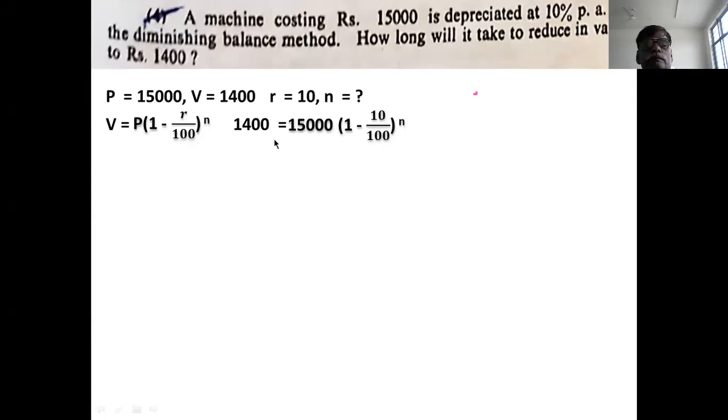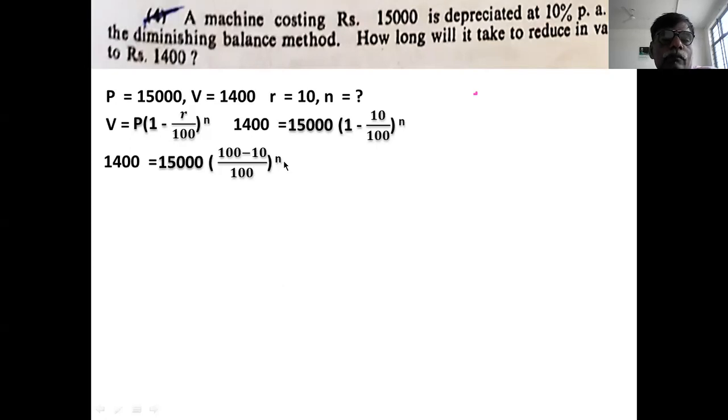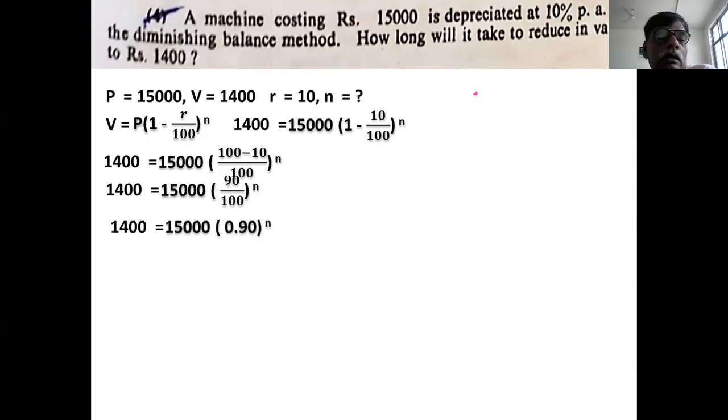Next step, 1,400 is equal to 15,000, LCM is 100, 100 minus 10 divided by 100 raised to n. Next, 1,400 is equal to 15,000 into 90 by 100 raised to n. So 1,400 is equal to 15,000 into 0.90 raised to n. This is the last step.